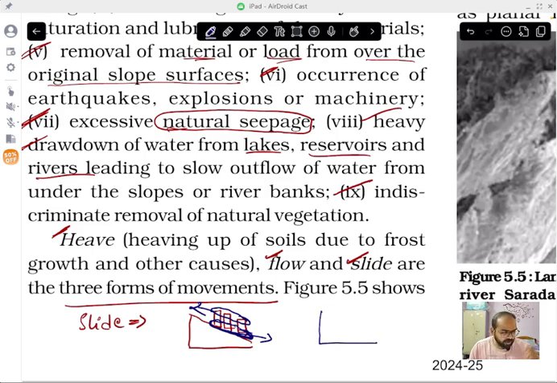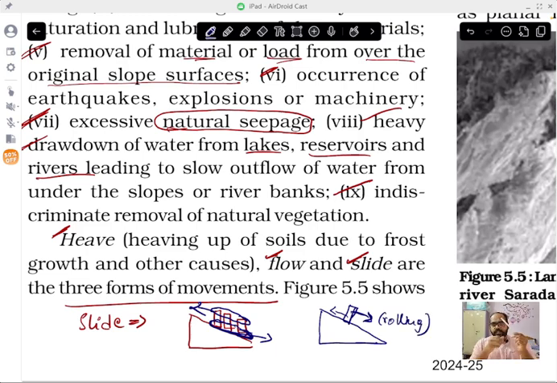What happens in a fall? In a fall, the upper part of the rock that is undergoing the mass movement will be ahead and the lower part will be behind. So rolling happens.